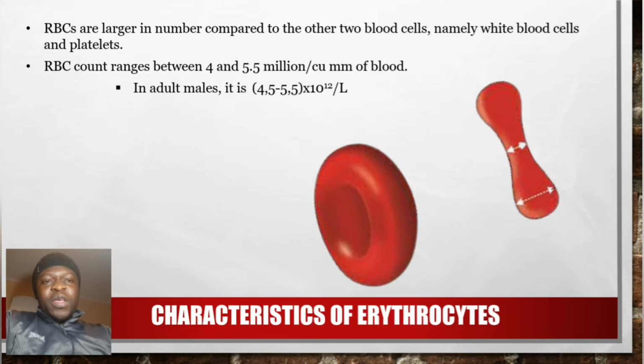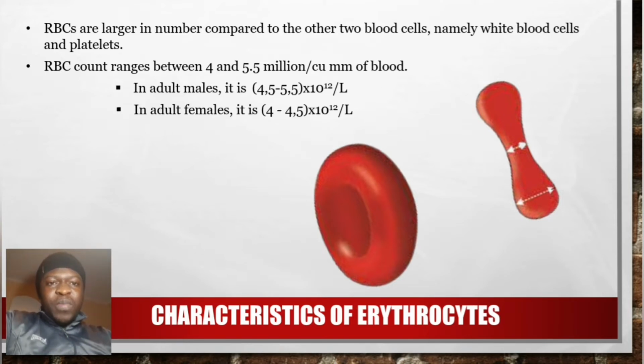But there are some units which are used in your manuals. If you're in Ukraine, you use the number per liter of blood. For example, in adult males, it's 4.5 to 5.5 times 10 to the power of 12 per liter, and in adult females it's 4 to 4.5 times 10 to the power of 12 per liter.